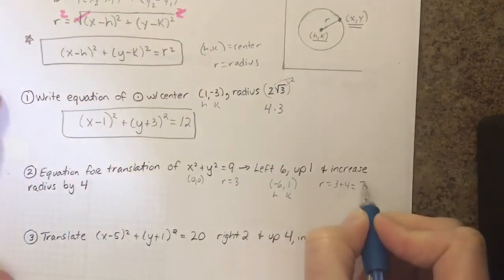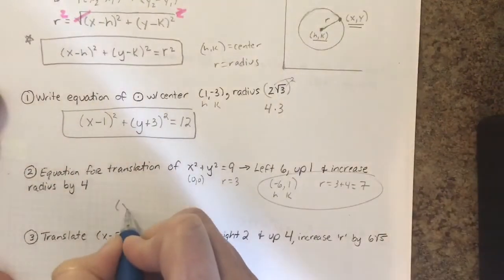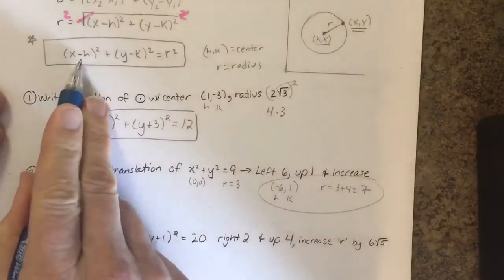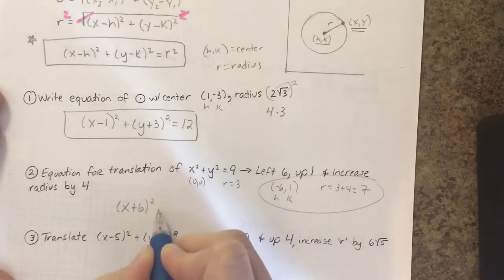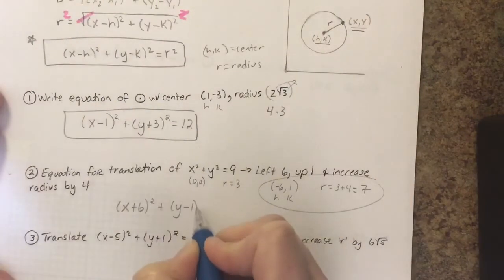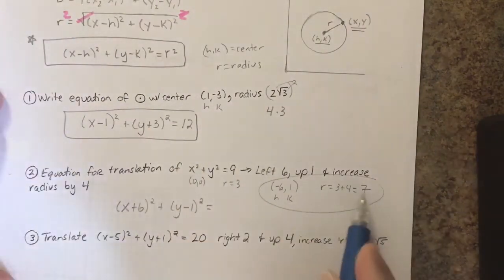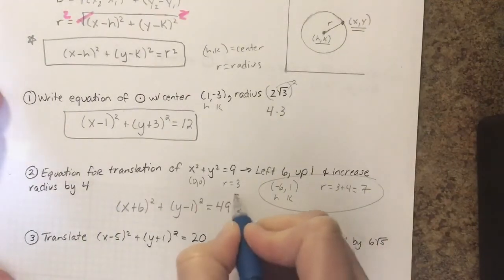New radius is 7. Write the equation. x minus h, double negative, plus 6, quantity squared, plus y minus k, that's 1, quantity squared, equals radius squared. 7 times 7, 49.